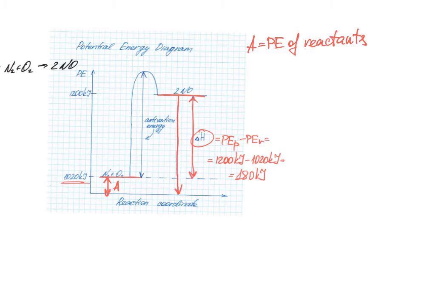Right here, this letter B will represent potential energy of products. The difference between them, this blue arrow over here, will represent heat of reaction.